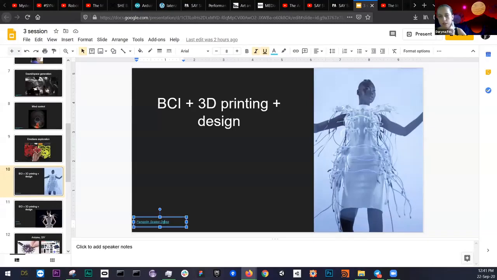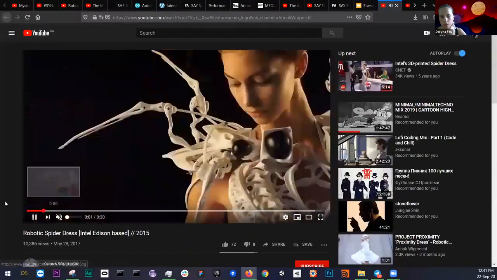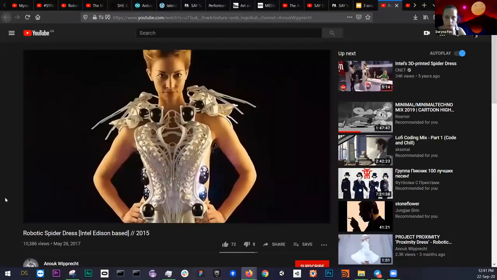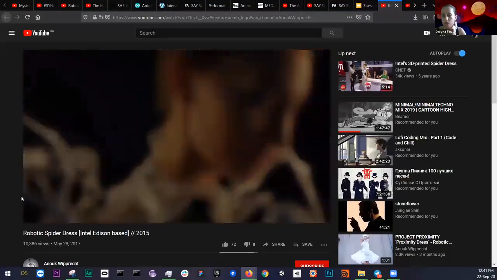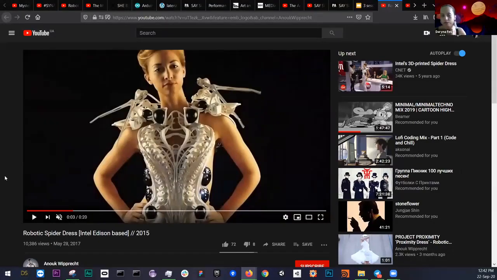It's not the only example. This is interesting: how these narrow interfaces are used for designing clothes. Currently, it's not very common to see such dresses on the street, but this is also something you can think about: how it will change not only our everyday life, but even our clothes.